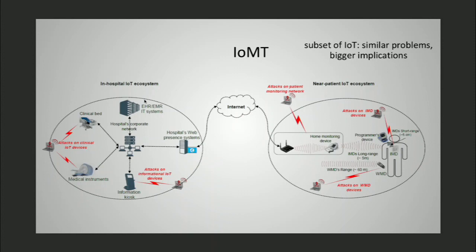Because that allows a potential attacker to compromise the home network of the patient, and then use the home monitoring device as a pivoting point to interact with the pacemaker using the wireless protocol that they use.